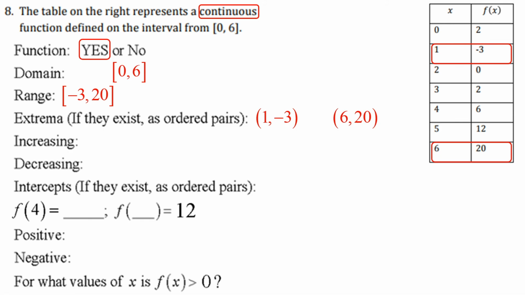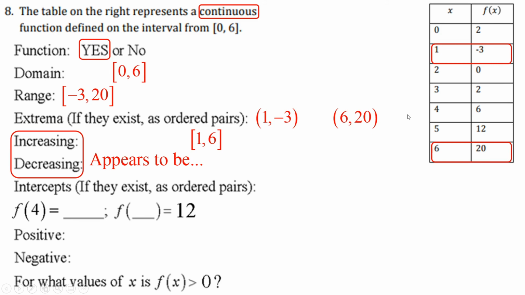So, you know, we don't see the entire function in this table, but it appears, and I'm going to say appears to be because I am not 100% sure, but it looks like this graph is increasing, or let's say we're increasing, let's start with that, from 1 to 6. So I'm going to go to the closed interval from 1 to 6. But I'm not 100% sure because I can't see everything.